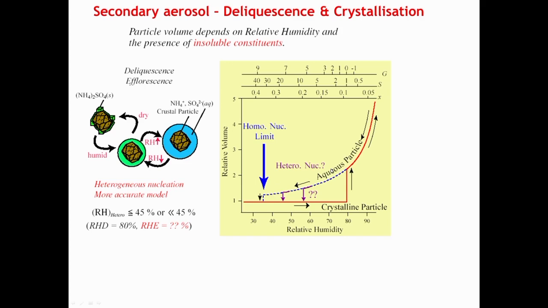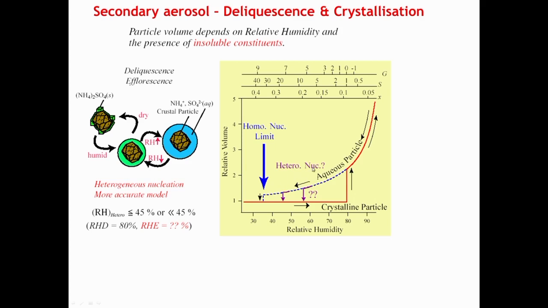So what's the reason? Why don't you crystallise out things at the deliquescence relative humidity? Does anyone know? Well, the reason is that efflorescence or crystallization is a nucleation phenomenon. It's a first order phase transition from the liquid phase to the solid phase, and it can occur at a range of relative humidities.